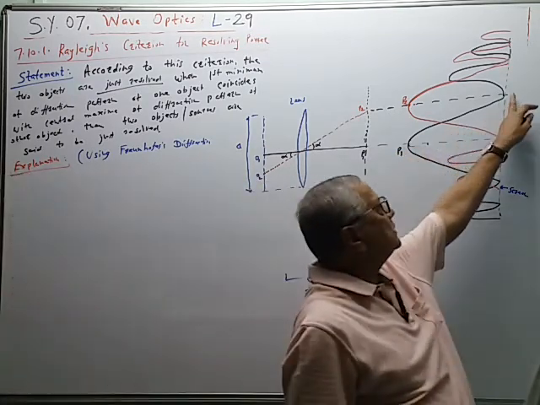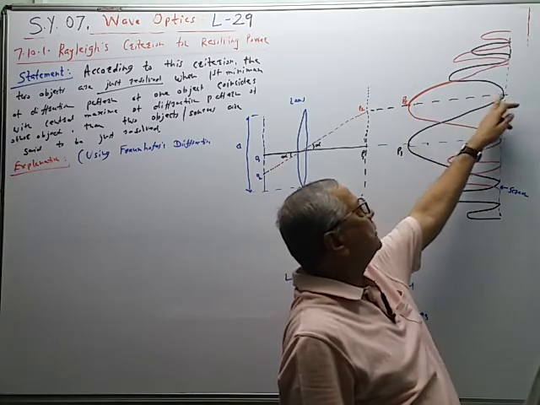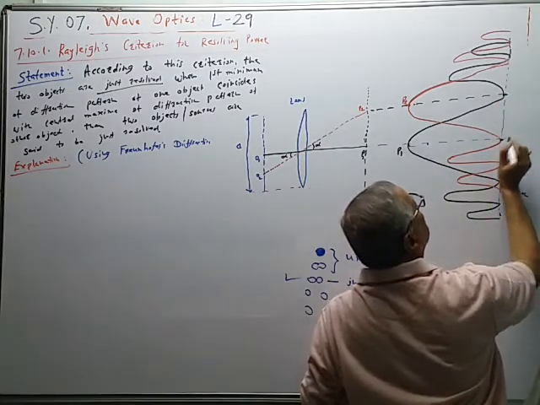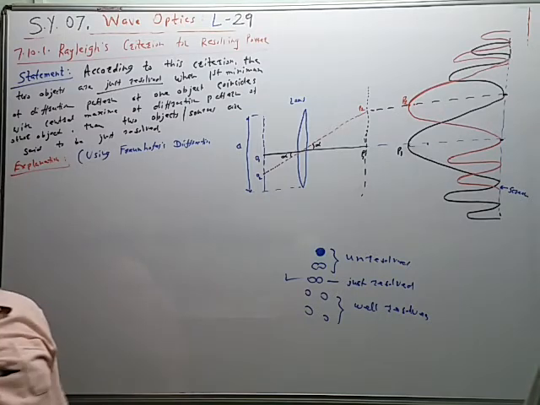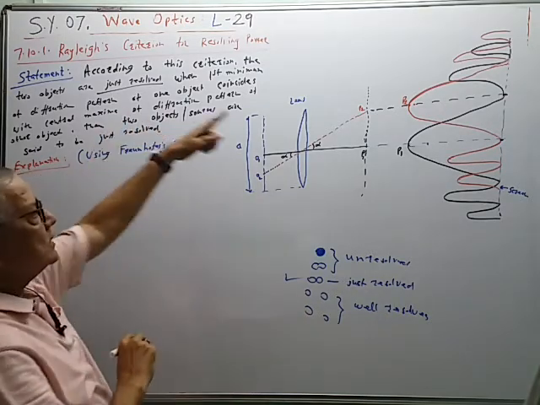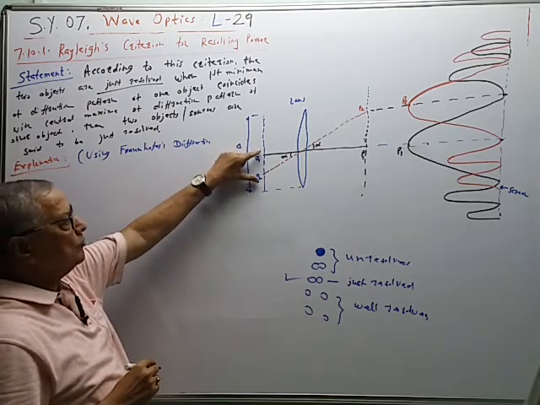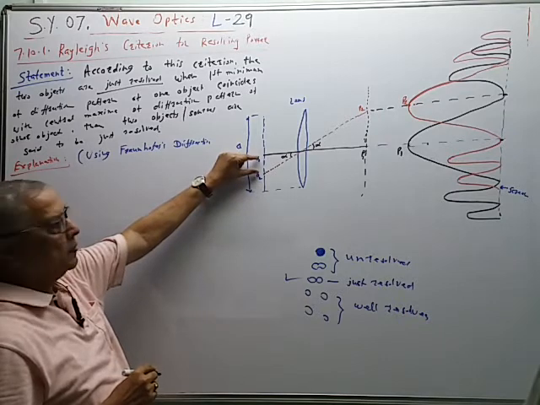The first minimum of diffraction pattern P1 and the central maximum of P2 coincide with each other. So these two points are important. So this criteria is fulfilled like this. Now, if we change the separation between the two objects, then what will happen?